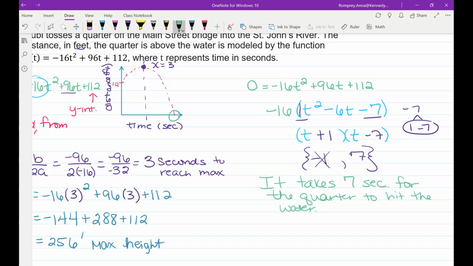Cool. What does that negative 1 represent? Well, if we took our graph backwards, because remember, parabolas are perfectly symmetrical, that's where it would hit the x-axis if it were to go backwards. However, in a real world situation, there's a lot of times where we're only going to take the solution that makes sense because we're not using the whole parabola.